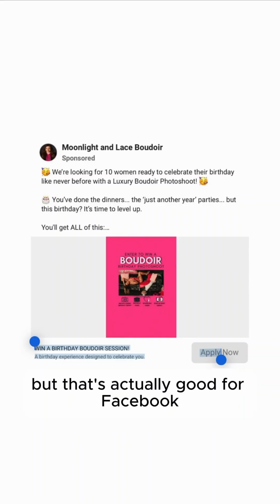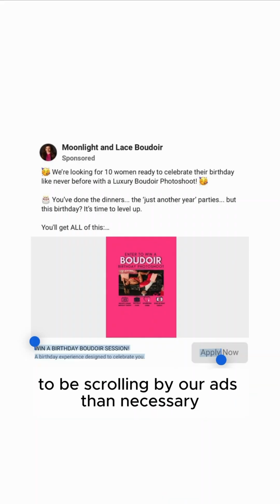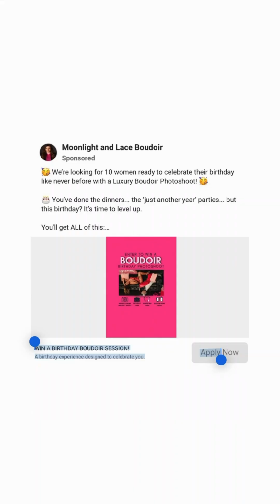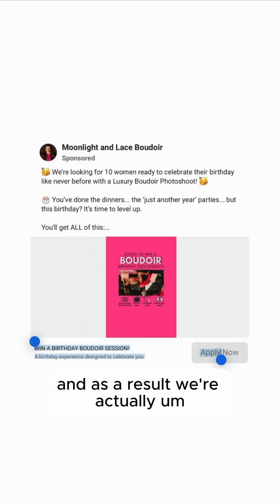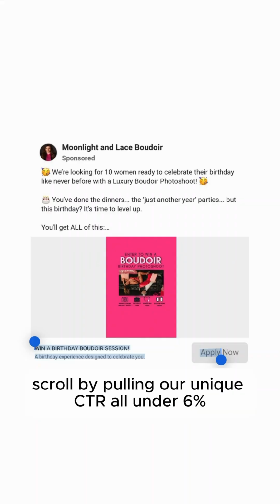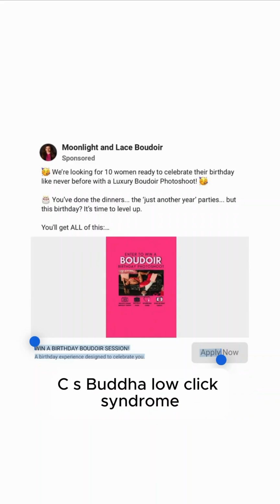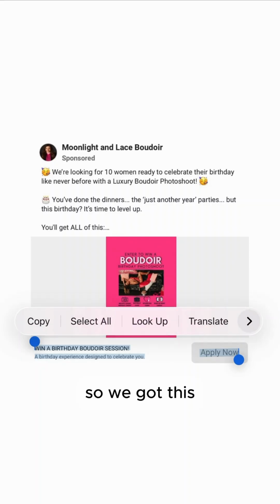But that's actually good for Facebook. It's bad for us because it causes way, way, way more women to be scrolling by our ads than necessary. And as a result, we're causing more women to scroll by, pulling our unique CTR all under 6%, leading to BLCS, Boudoir low click syndrome.